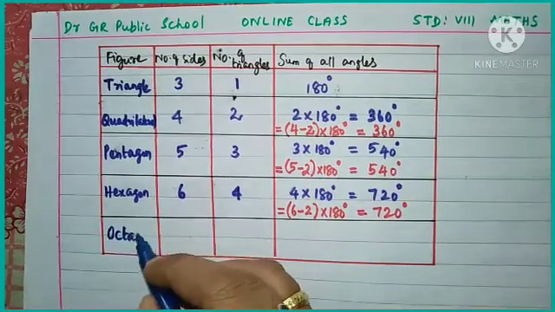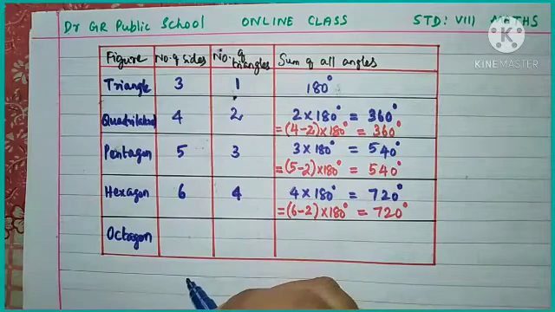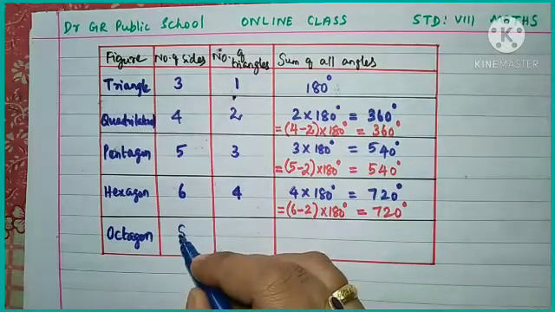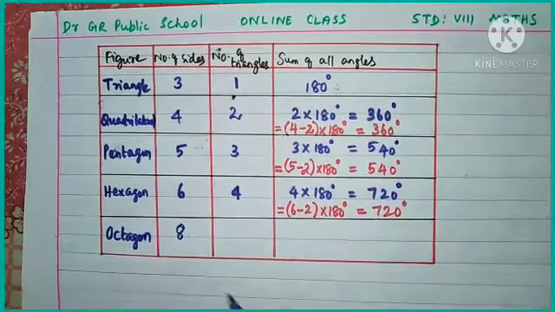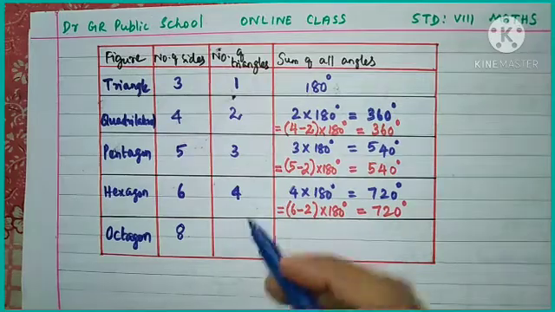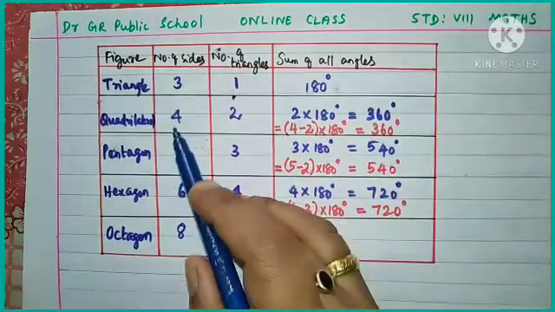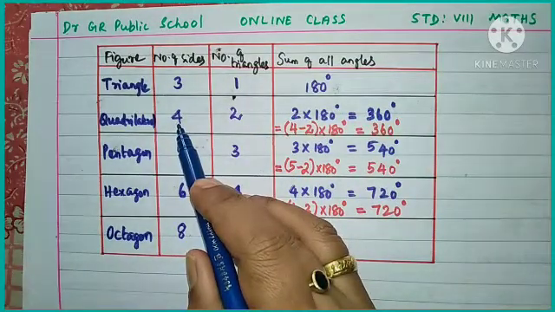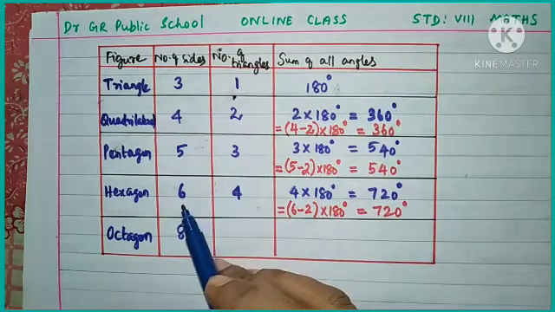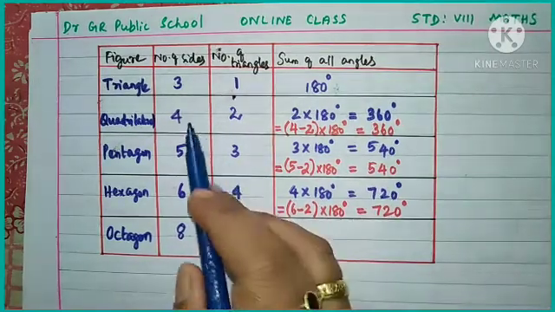Okay, now suppose I am drawing one more figure here, an octagon. Do you know what an octagon is? Yes, an octagon is a closed figure that is having 8 sides. Can you say how many triangles will form there? You see the above relations. When 4 sides are there, 2 triangles, 5 sides, 3 triangles, 6 sides, 4 triangles. So what is the difference here?